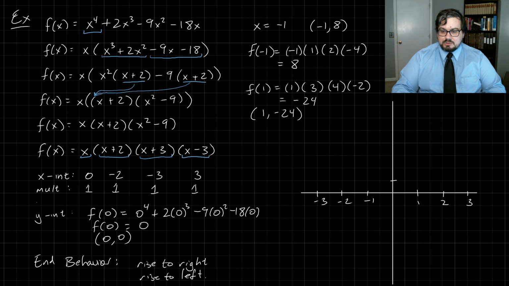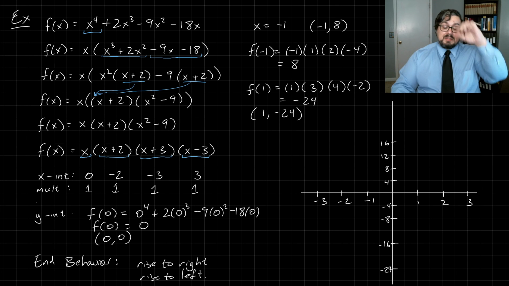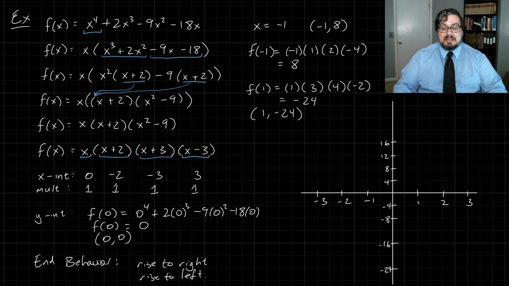Let's see, can I do 4? Yes. 4, 8, 12, 16, negative 4, negative 8, negative 16, negative 24. Your scales can be different on your x-axis and your y-axis, but along a given axis, they need to remain consistent.